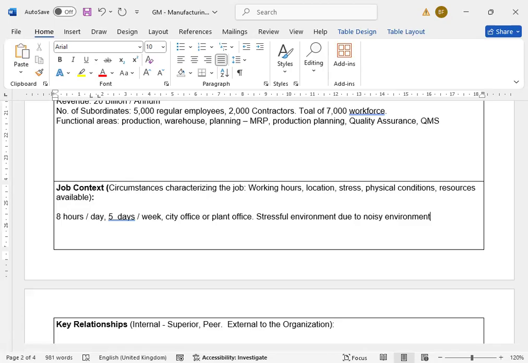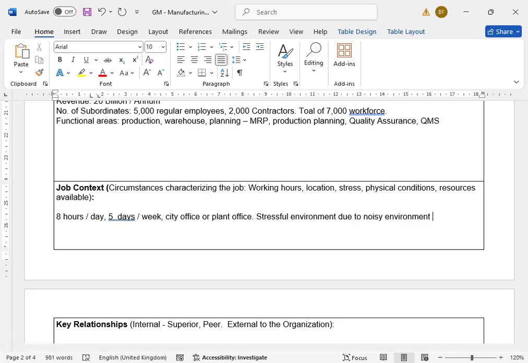So therefore, it's very stressful. That's why the office built for the general manager should be soundproof, because of the noise.